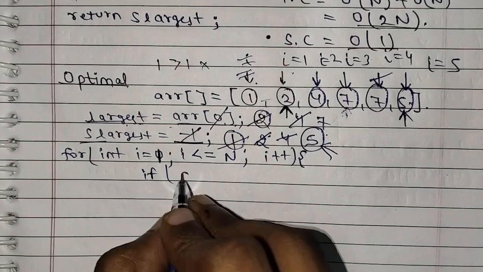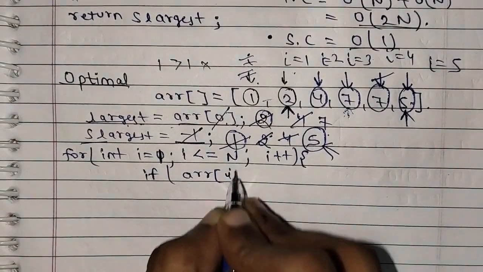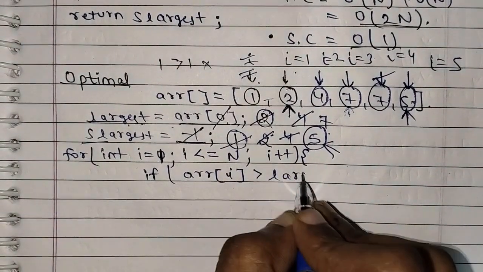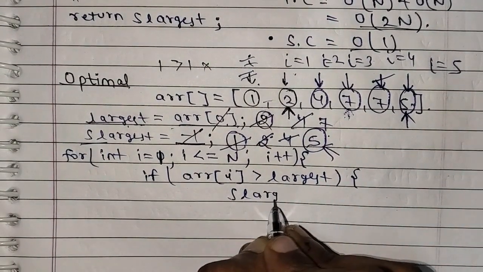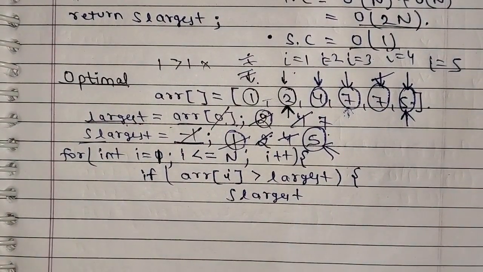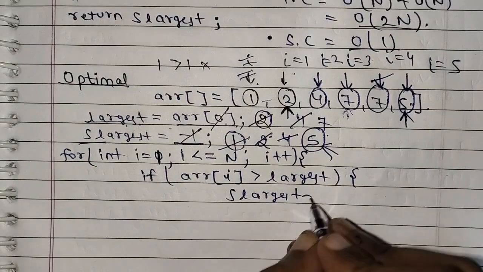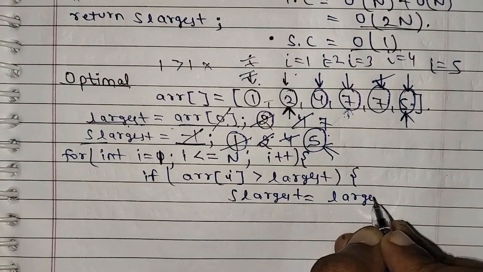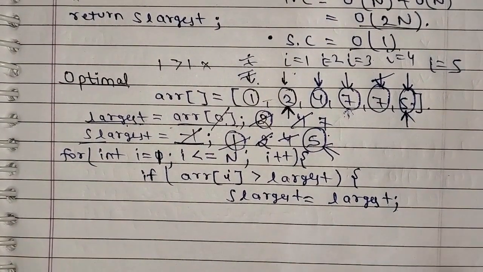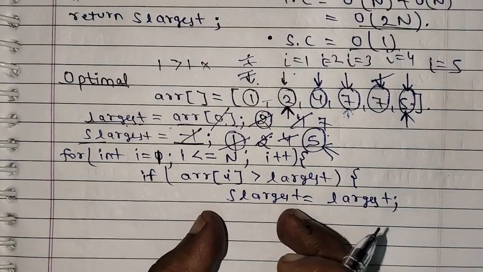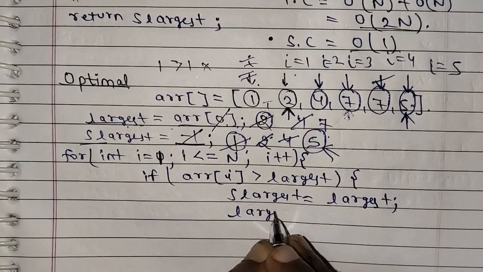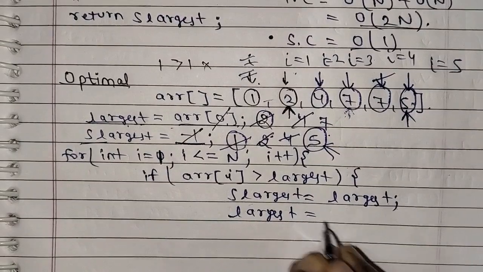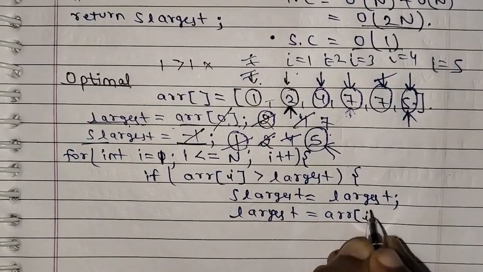We compare: if ARR of I, the current element, is greater than largest, store the value of largest into second largest, and update the largest value to ARR of I.